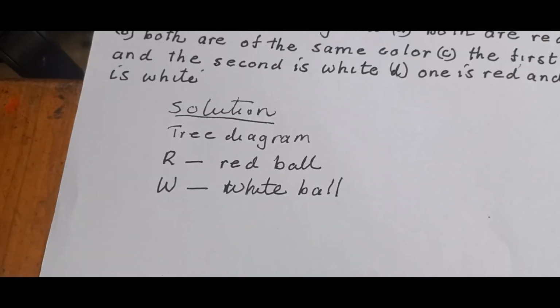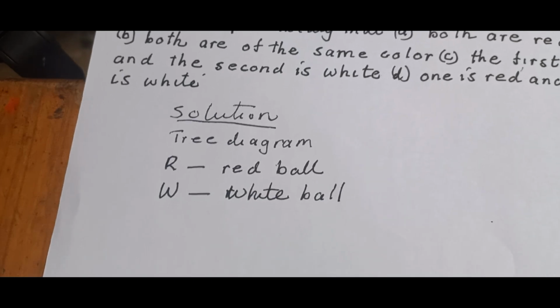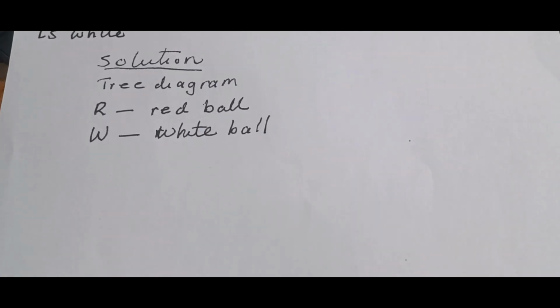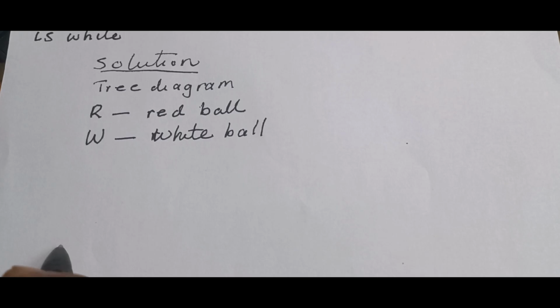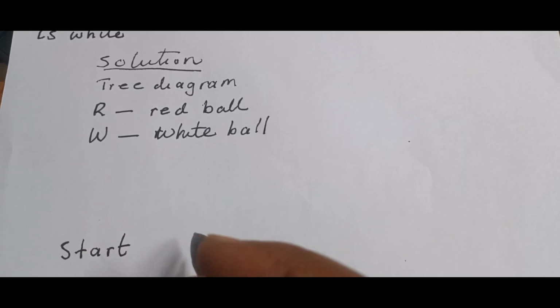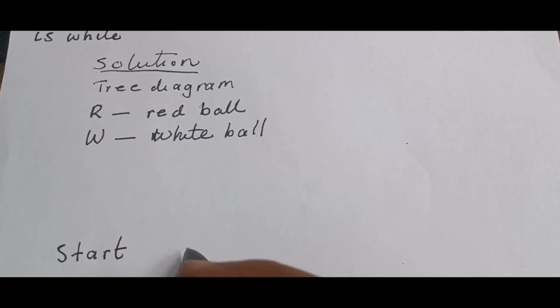So our tree diagram will be like this. Let us start here doing the experiment, which is about drawing 2 balls from the box.